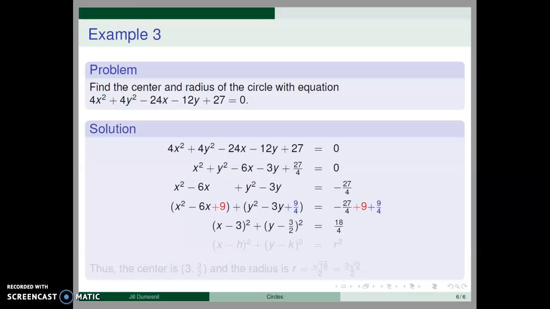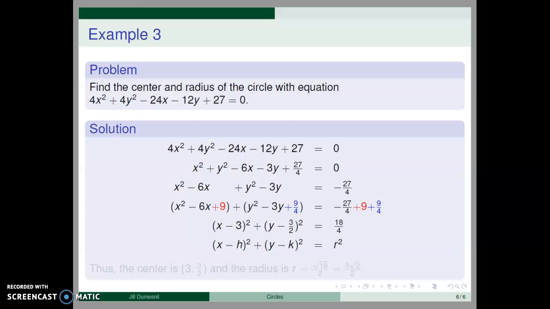We get the quantity (x minus 3) squared plus the quantity (y minus 3/2) squared equals 18/4. We had to get a common denominator on the right-hand side to add. We get -27 plus 36 plus 9 all over 4, which gives us 18/4.